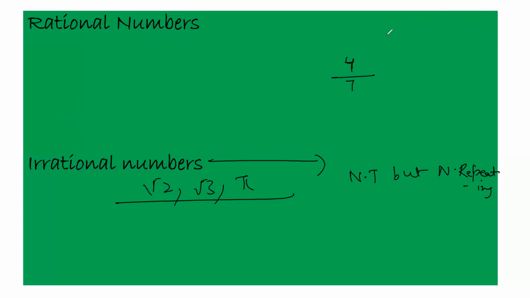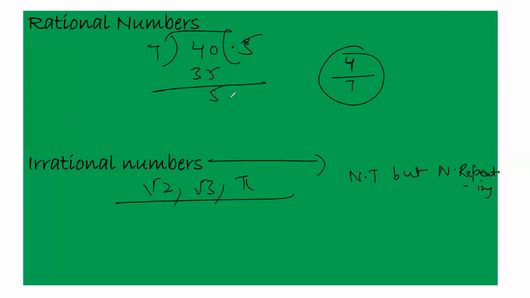Let's see whether it is rational or irrational. Okay, let's take the example of 4 by 7. So 4 is the dividend, the upper number we always keep inside, and we divide by 7 from the denominator. So you have to write point because the inside number is smaller. So 7 5s are 35 and the 5 is the remainder. So again you have to write 0.